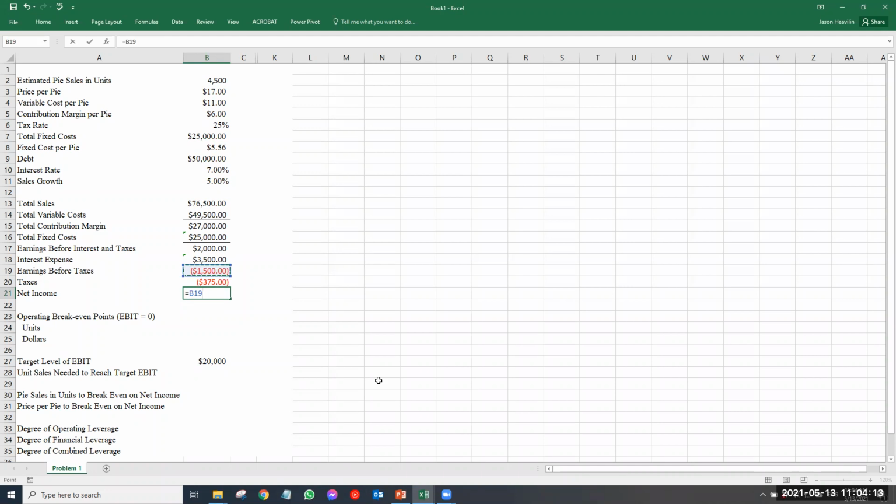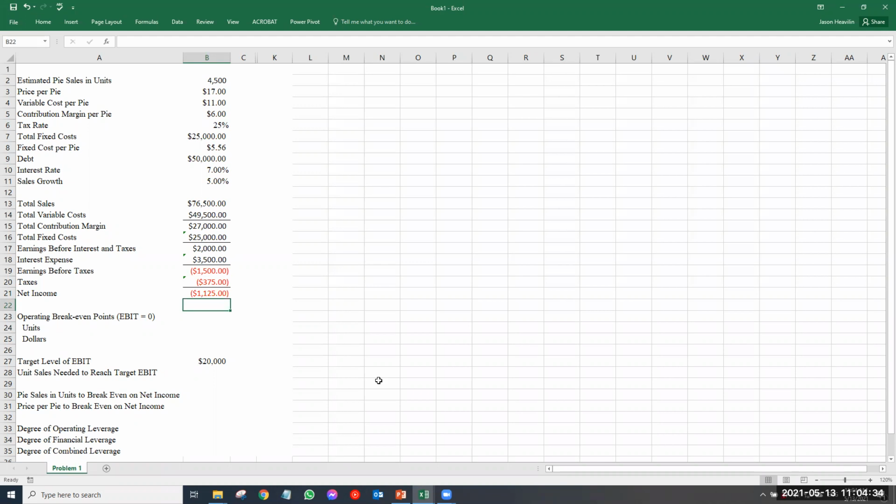For net income, we still take the earnings before taxes minus the tax. You still have to do the minus sign, even though it's a negative on a negative, because your net income will not be as bad, since now you can count on that tax credit. Anyways, so here we are with our income statement.